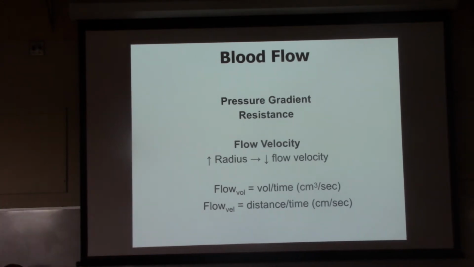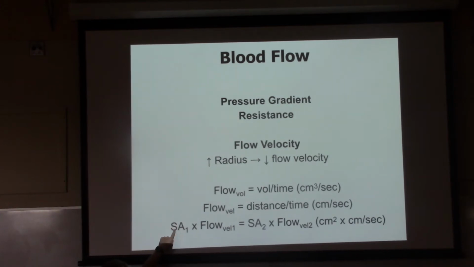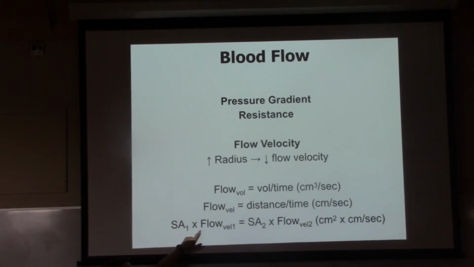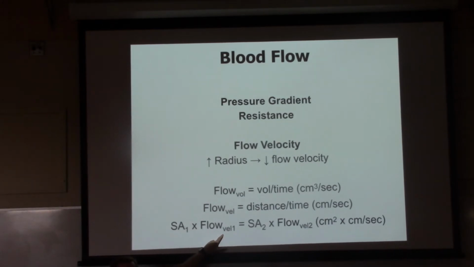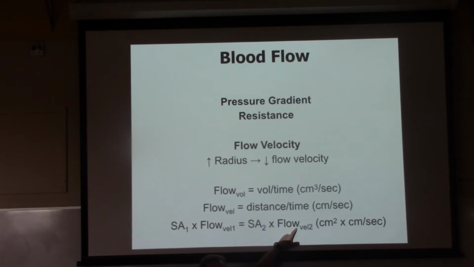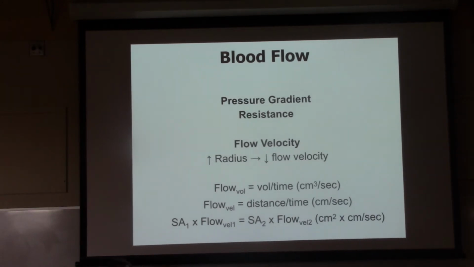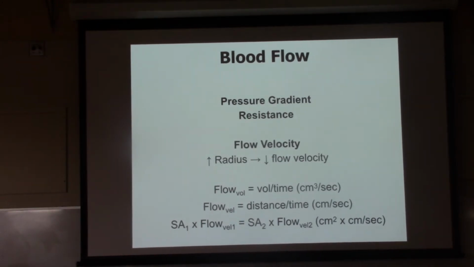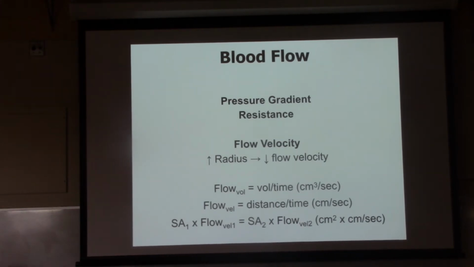If the flow by volume coming into the system must equal the flow by volume coming out of the system, we can express the flow by volume a different way. We can express that flow by volume as the surface area of the vessel at some area multiplied by the flow velocity at that area equals the surface area somewhere else multiplied by the flow velocity in that somewhere else place. And if we keep track of the units, then it shows us why this can work out.